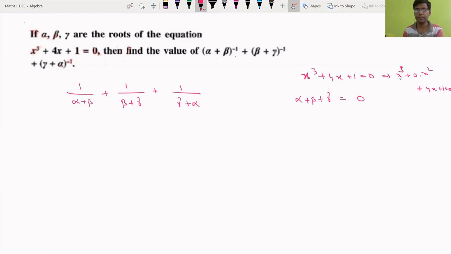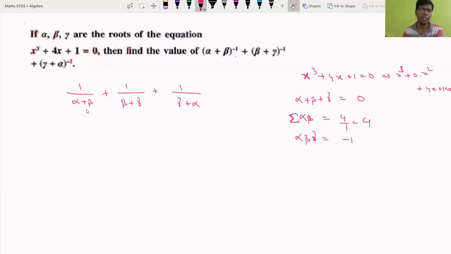Then alpha beta plus beta gamma plus gamma alpha will be equal to 4 by 1, so this will be 4. And the product of the roots alpha beta gamma will be equal to minus 1 by 1, so this is minus 1.